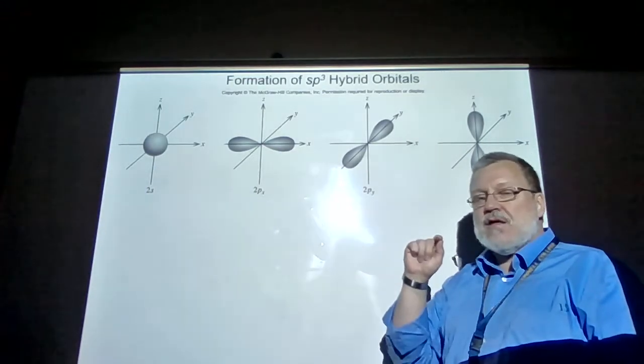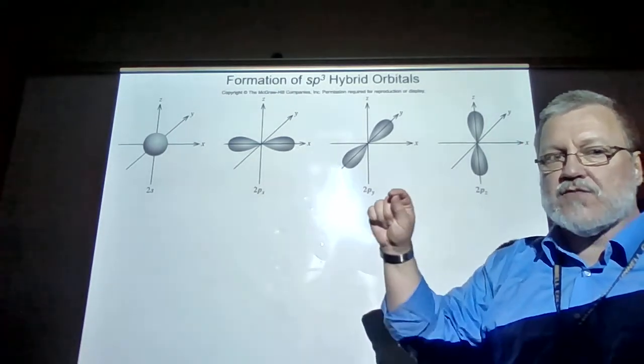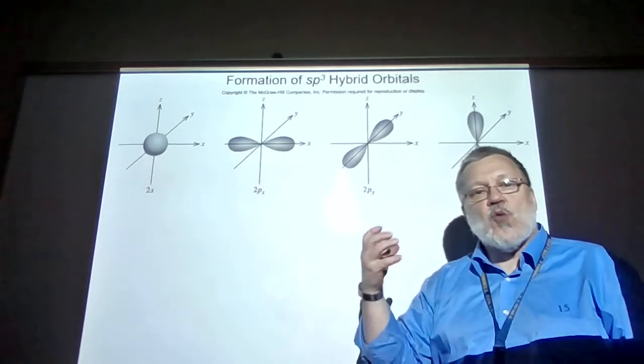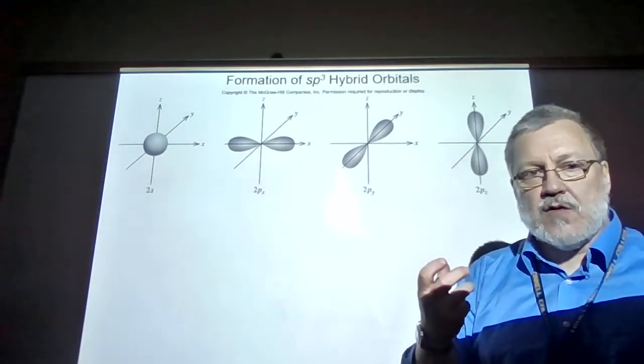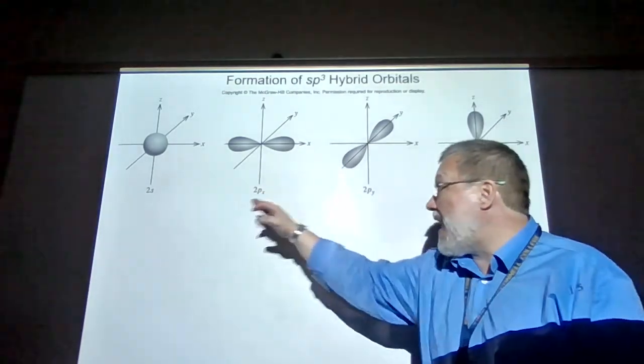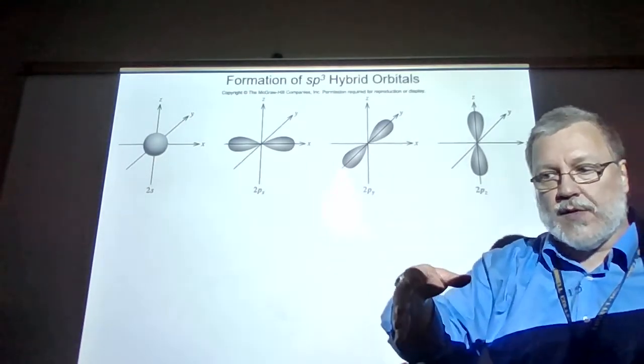We said that the atoms have to undergo some kind of change to form bonding structures that are correct with what we actually find in the molecule. So the bonding orbitals on carbon are not the atomic s and p carbon orbitals. They're a different kind of orbital.